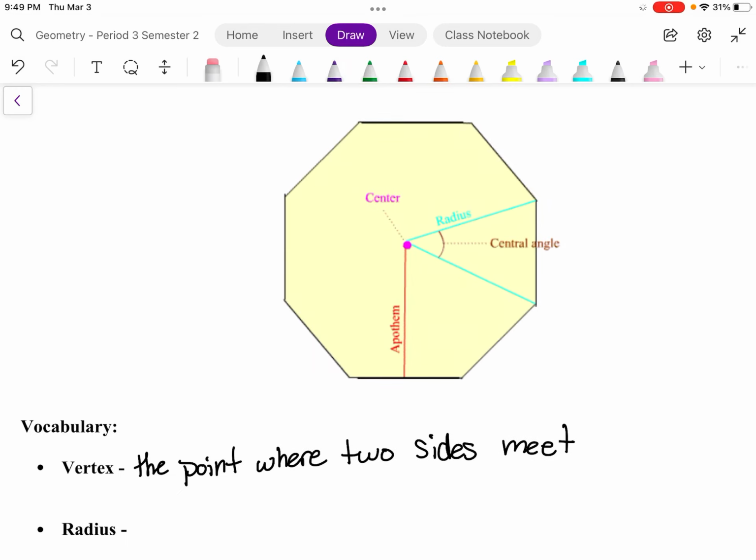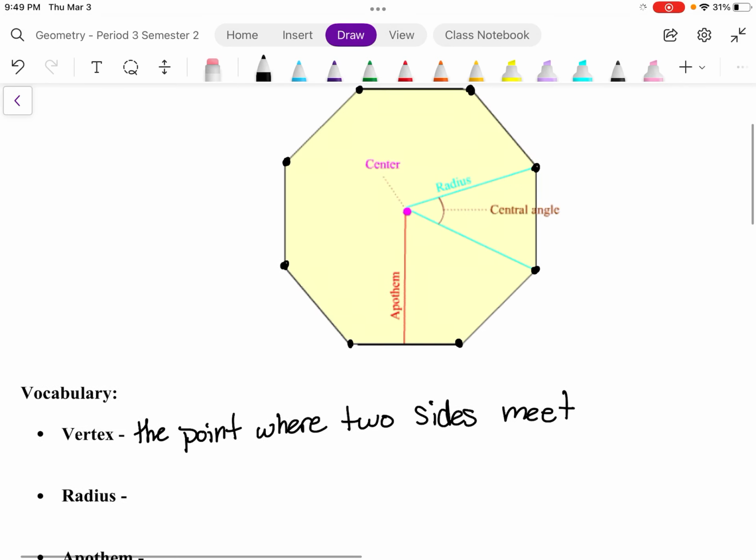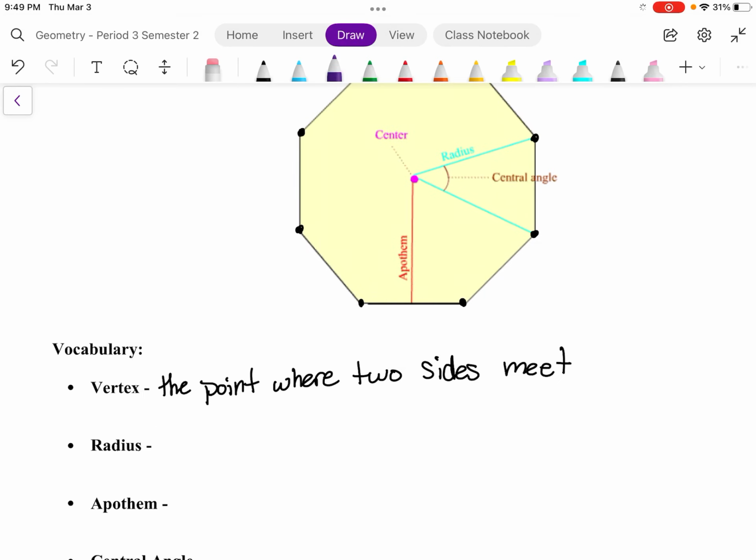So on this one, you can see all of the vertexes where the corners are on our octagon. Those are all of our vertexes.